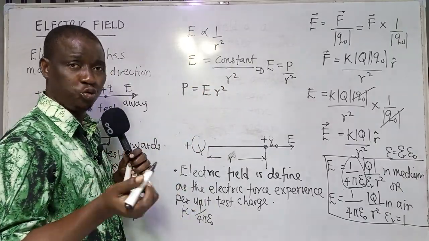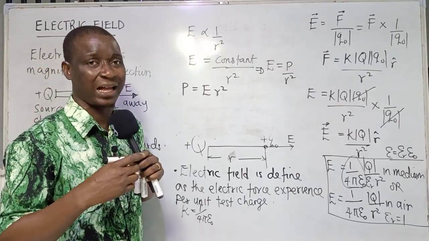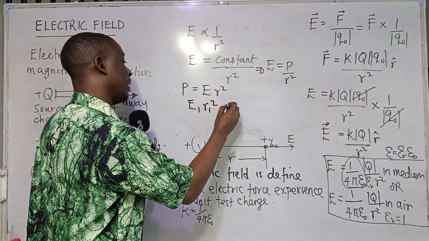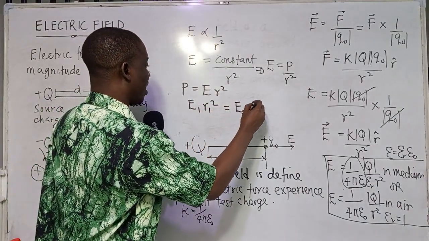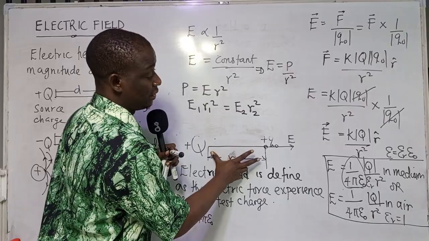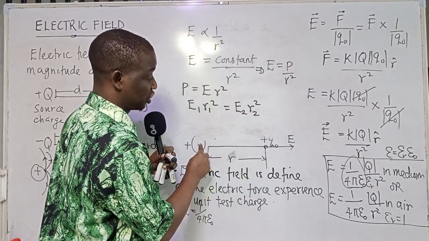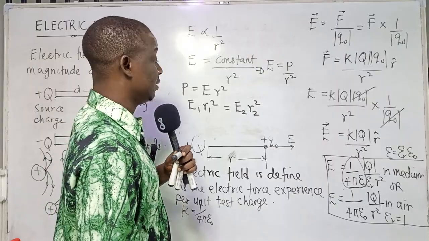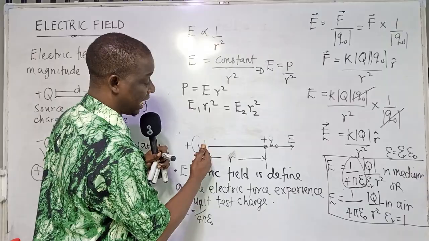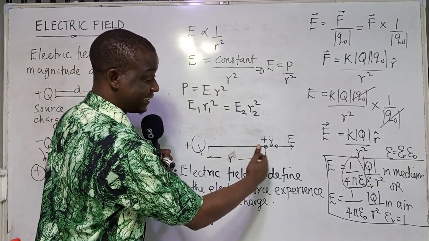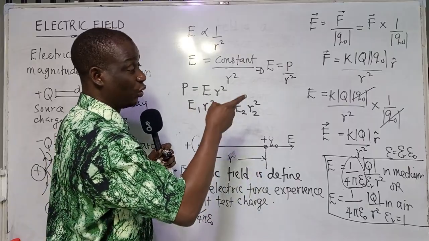So if you are given two electric fields and one radius and you have to find the other radius, you can say E1 R1 square equals E2 R2 square. Don't forget that the closer the source charge is to the test charge, the higher the electric field.